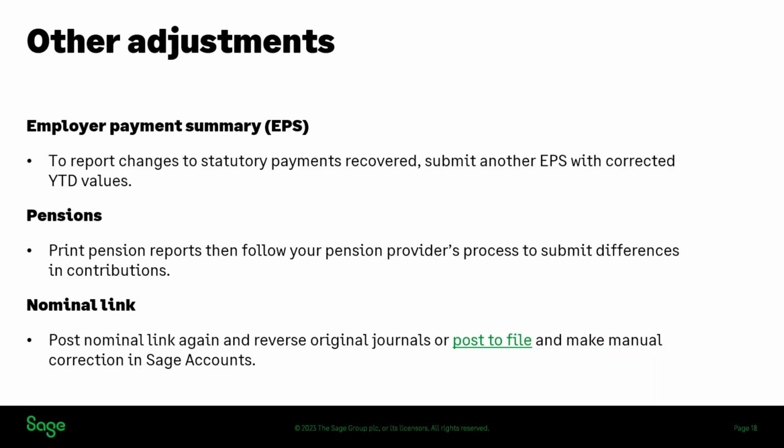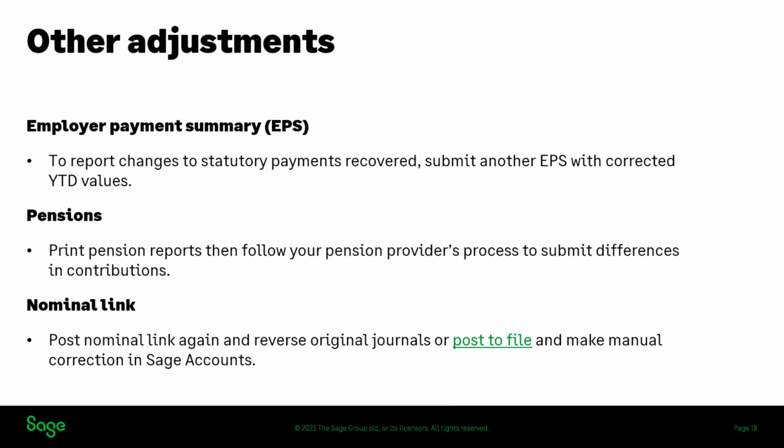And I thought I'd mention nominal link for anyone using nominal link to post salary information to accounts. If you reprocess an earlier period, you will then be prompted to post the nominal link again, either for those individual employees you rolled back or for all employees if you restored a backup. So there are two ways you can deal with nominal link.